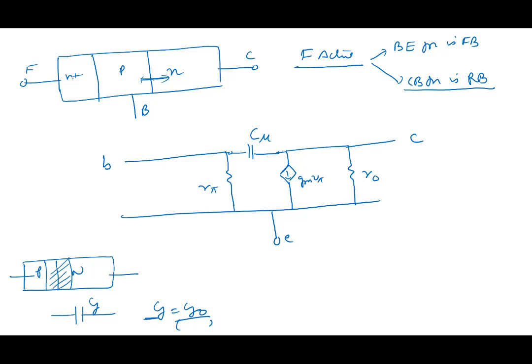C mu is the collector base junction capacitance. It also has a similar kind of expression that we have seen. So if we want to complete our model, we have to add capacitances also to it.